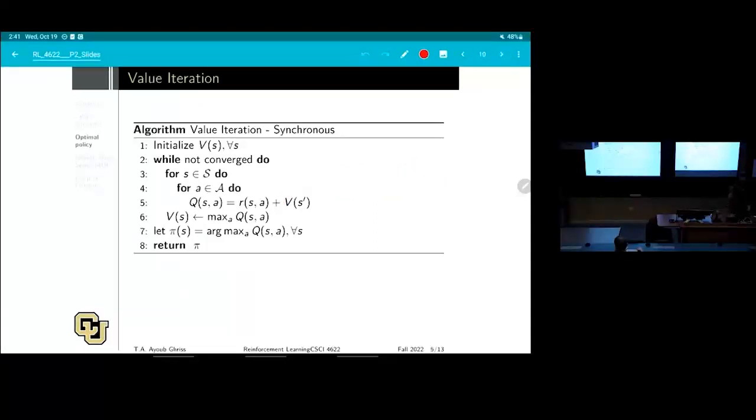For the synchronous one, we're not updating at each state. We are updating V at the end of each round. Previously, this equation was inside the loop that we have here.